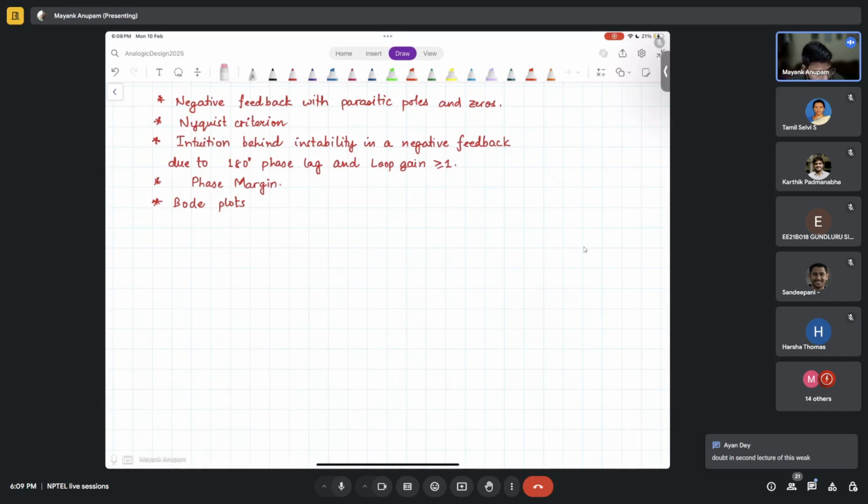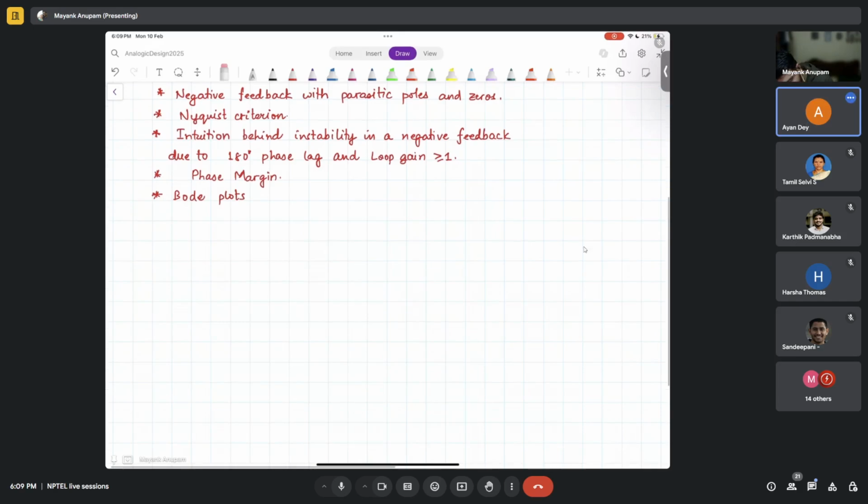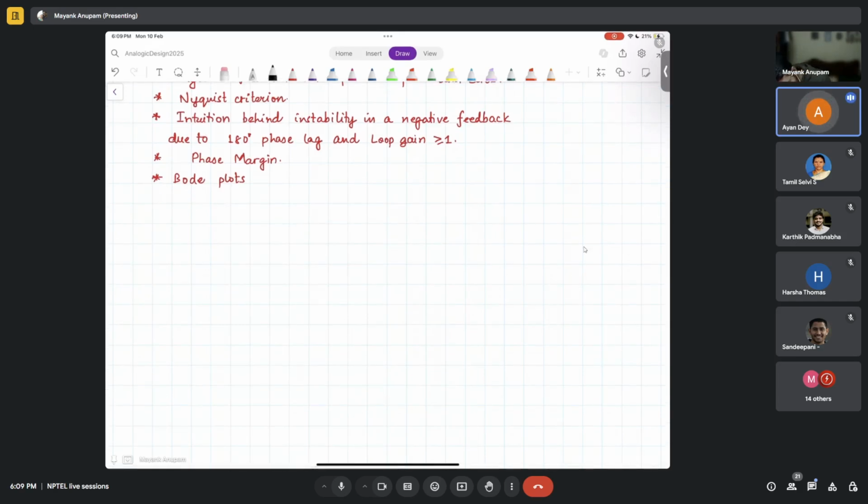Ayan, you have a doubt in the second lecture of this week. Exactly, can you tell me what the doubt is? Yes, sir. Where sir was evaluating 1 plus GH, he put s equal to j omega. Then he put the complex term to zero and the real term to zero.